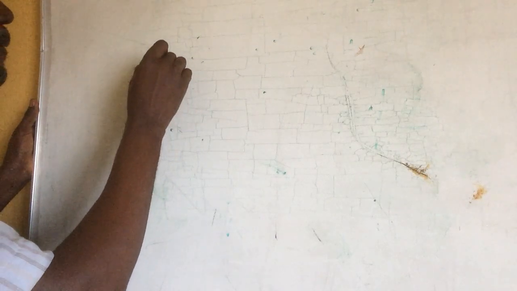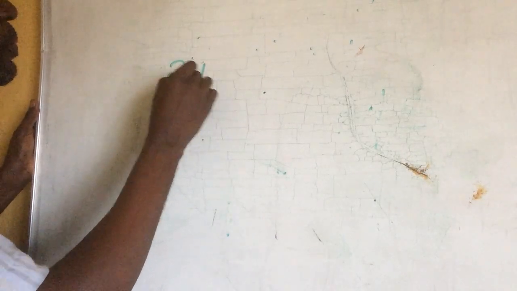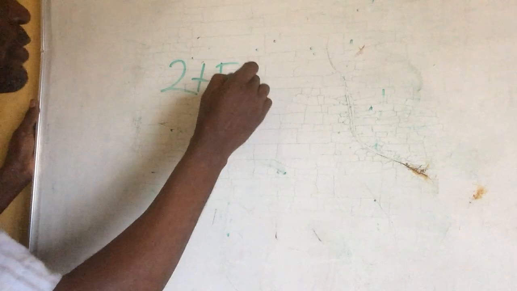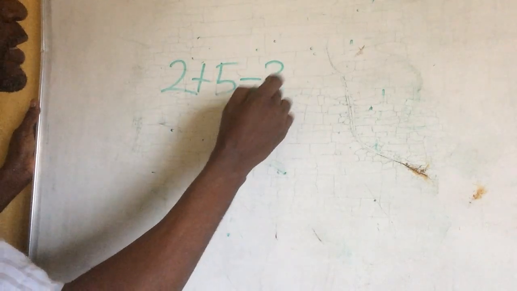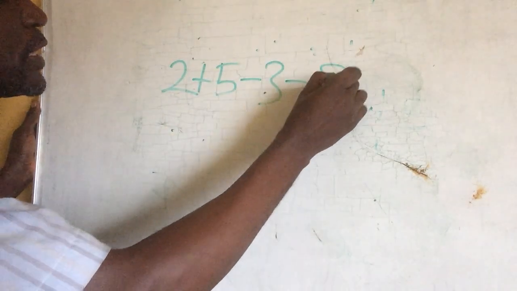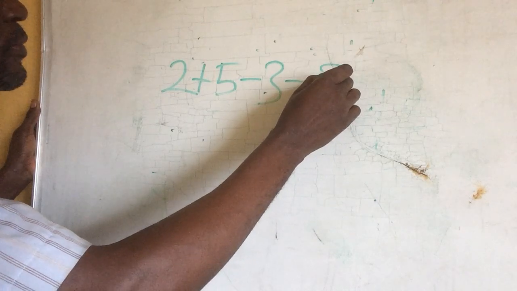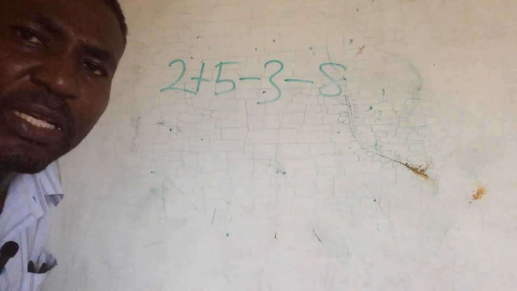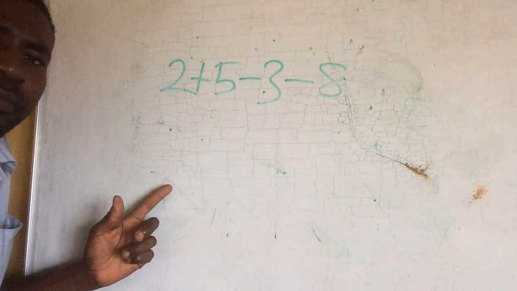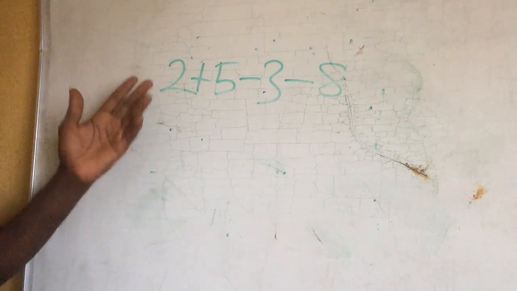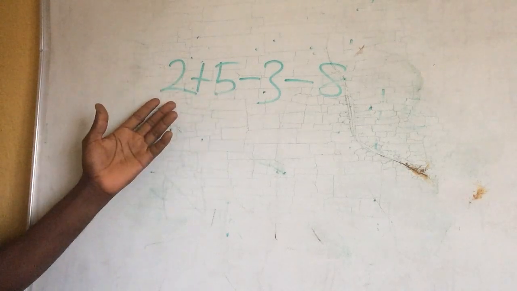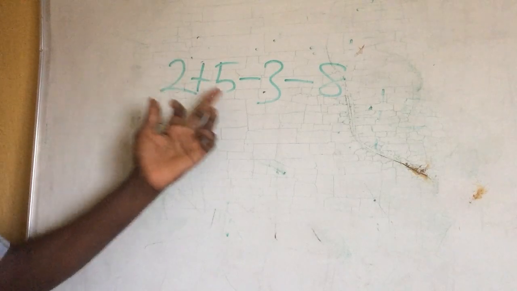One of the examples I want to show. For example, you may have 2 plus 5 minus 3 minus 8. Now, if you have something like this, how do you solve it? We have positive numbers here: 2 is positive, 5 is positive.